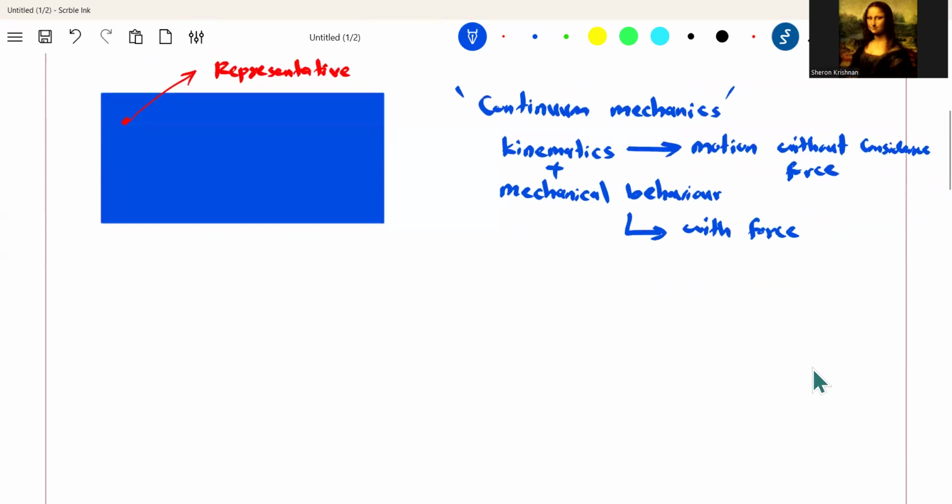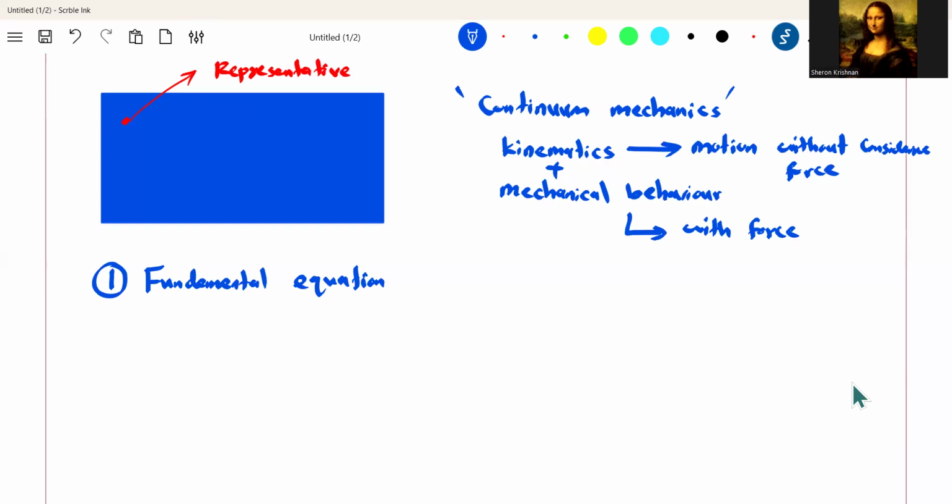In this continuum mechanics theme, we develop two types of equations. The first one is called the fundamental equations. What do we mean by fundamental equations?